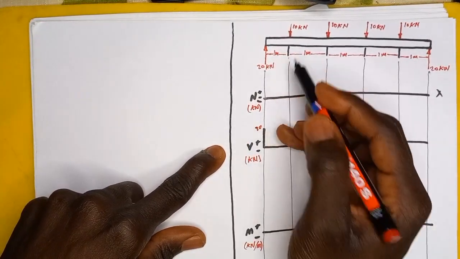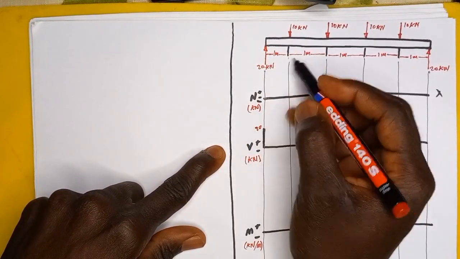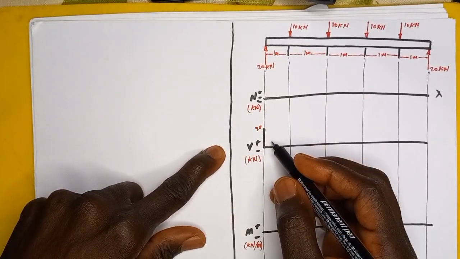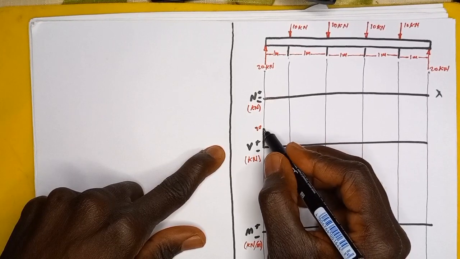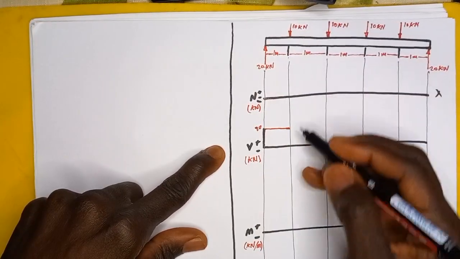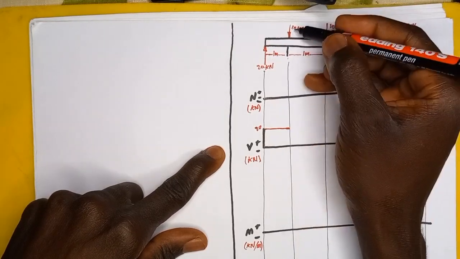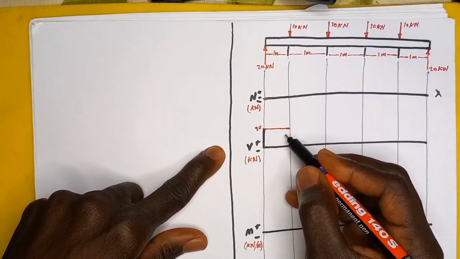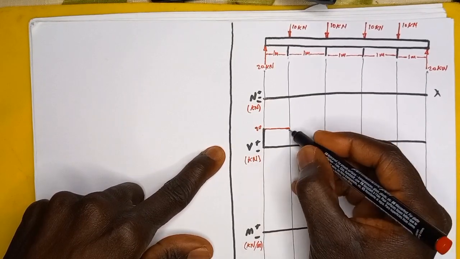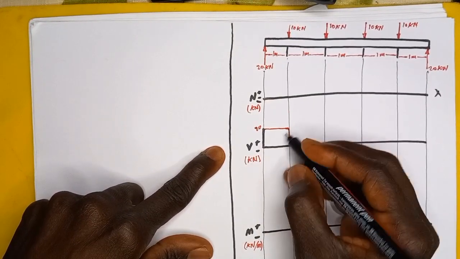And the distance from this 20 kilonewton force to this 10 kilonewton force, there is no other force acting in between. So therefore we're going to have a straight line there. Then the force is pointing down, in this case it is negative, so it's going to be added to this 20 kilonewton force, which is going to take us down to 10.